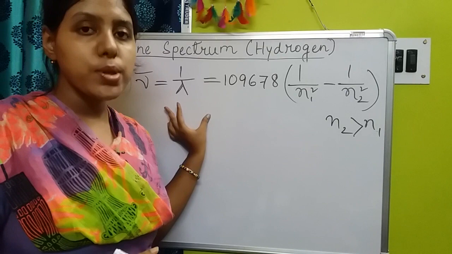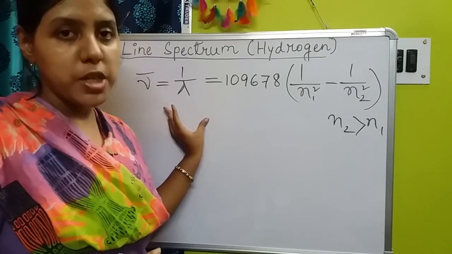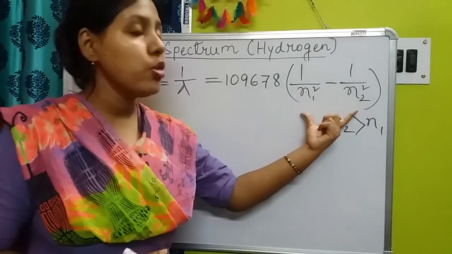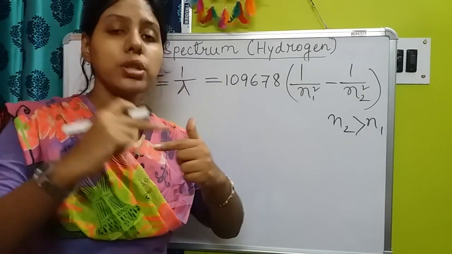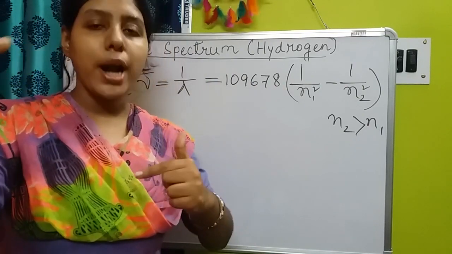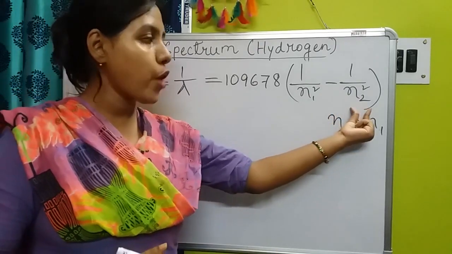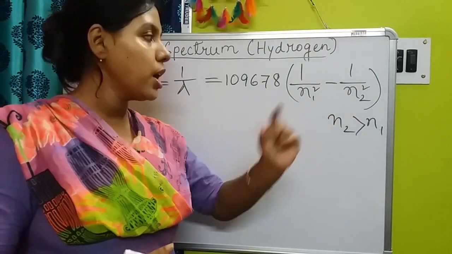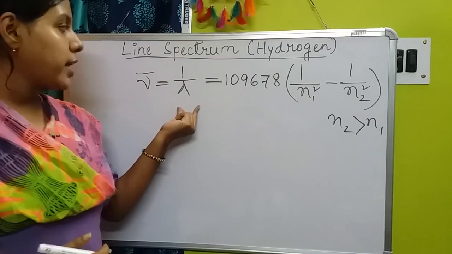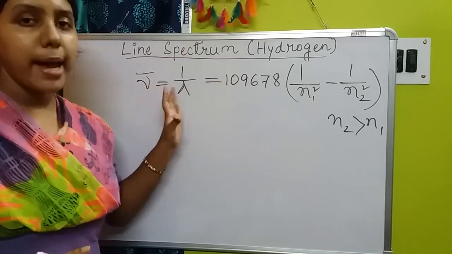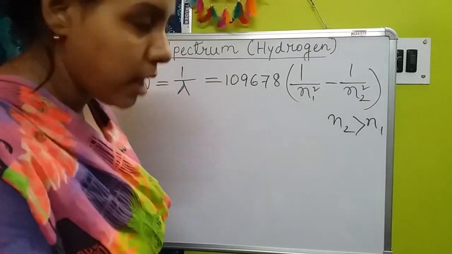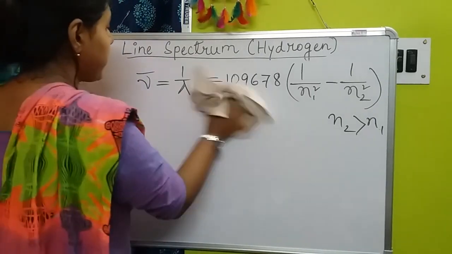The wavelength of those radiations can be obtained if we know the quantum numbers of the two energy levels. Suppose the electron comes from the n2 level to the n1 level, then the wavelength of the radiation will be lambda.